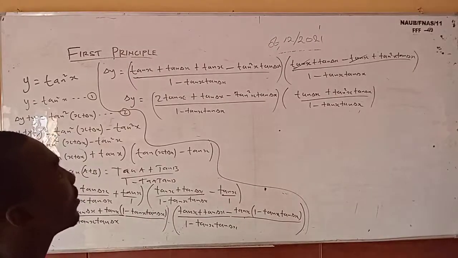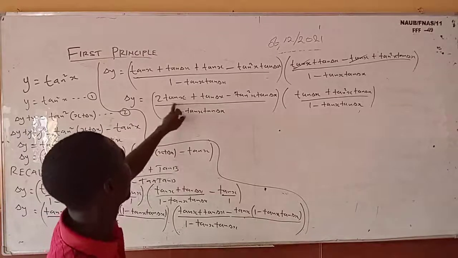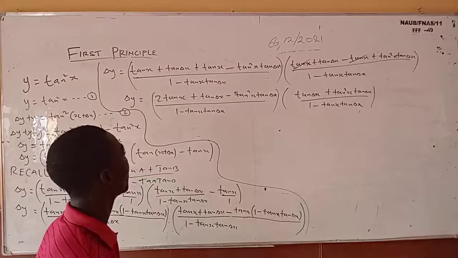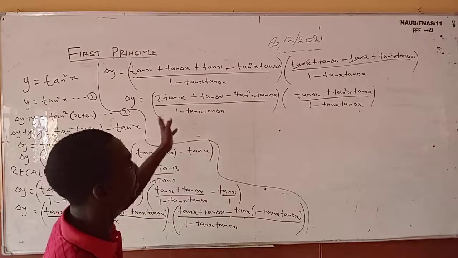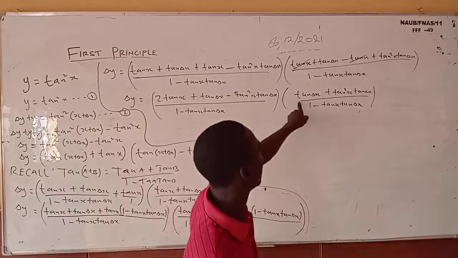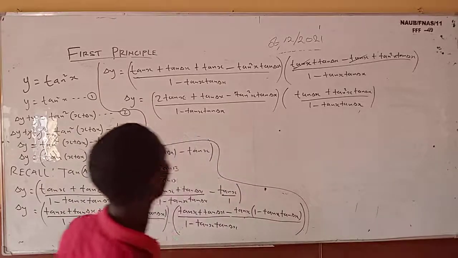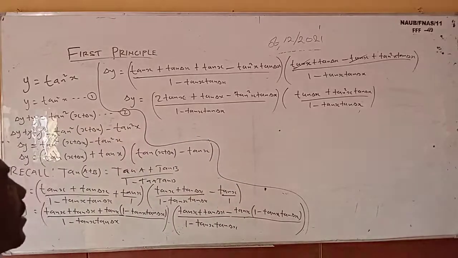What do you think we can do from here? Do we have anything common here? There's nothing that is common there. We'd say we should factor out something, but from this part you see tan Δs is common, right? So we can factor out tan Δs there.